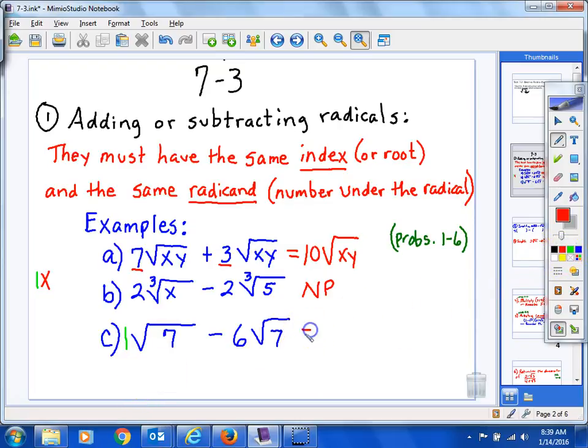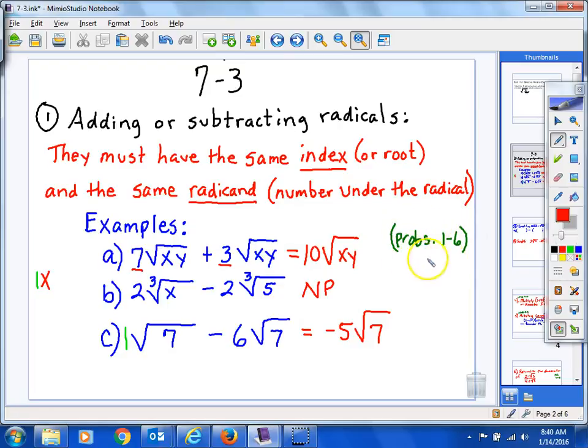So now I'm going to be subtracting because they have the same root and the same radicand. My answer will be 1 minus 6, which is negative 5, times the square root of 7. So those are some examples of how you add and subtract radicals and when it's possible to do those operations.